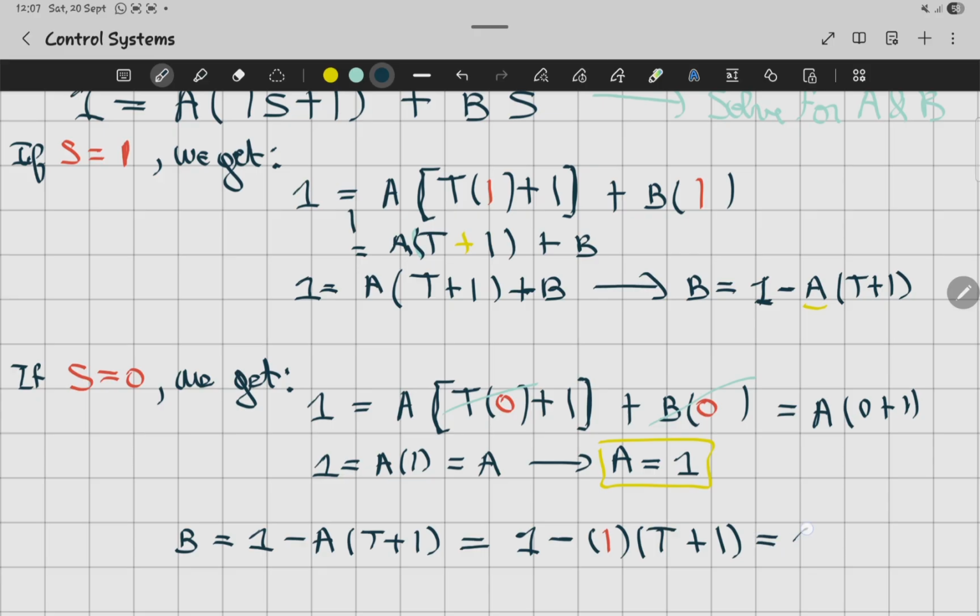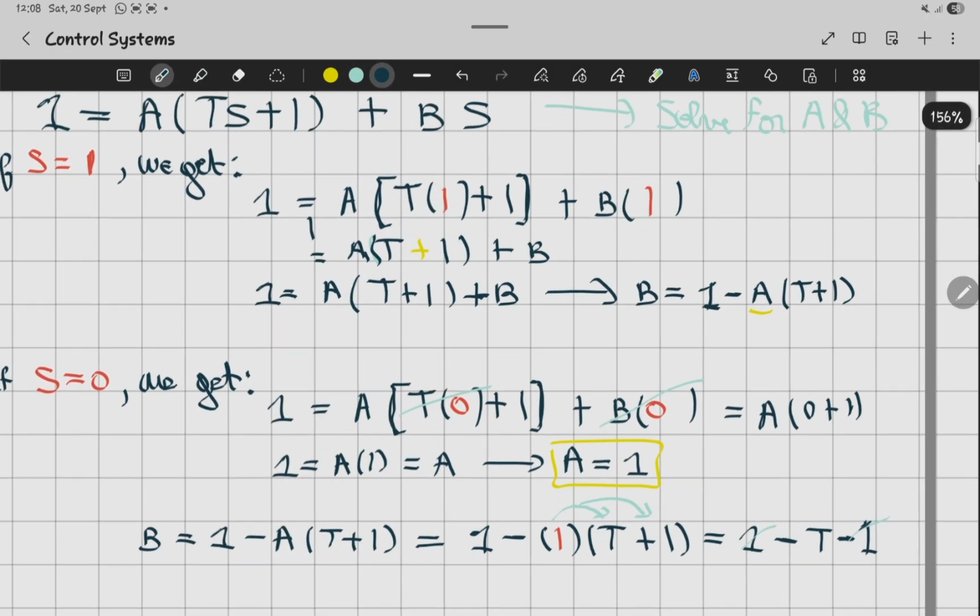It's gonna give you 1 minus t minus 1. So 1 is going to multiply everything inside and the sign is going to change, and you can see that these two will cancel out because they are both 1. So we're going to have a negative t for b, so b equal to negative t.